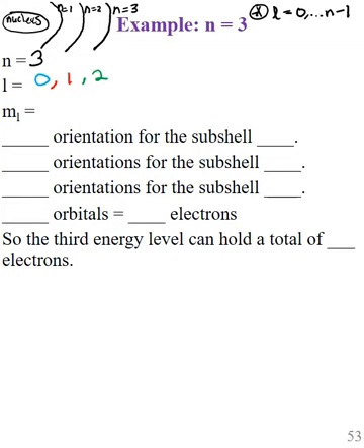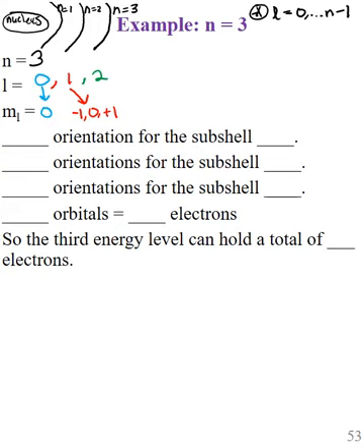Now if l equals 0, m sub l could have what values? It could only have the value of 0. If l equals 1, what are those values? -1 to +1.